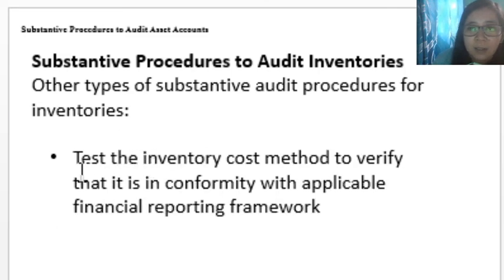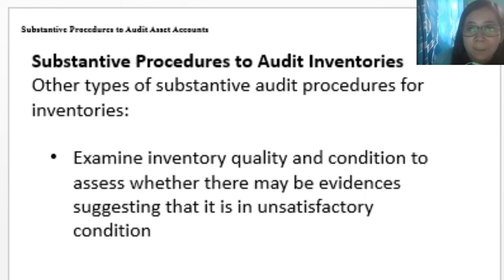Another is the auditor can also test the inventory cost method. The purpose of this is to verify if that is in conformity with the framework, because in our standards we have the guidelines on how to measure and when to use a particular costing method if that is appropriate in the circumstances of the entity.